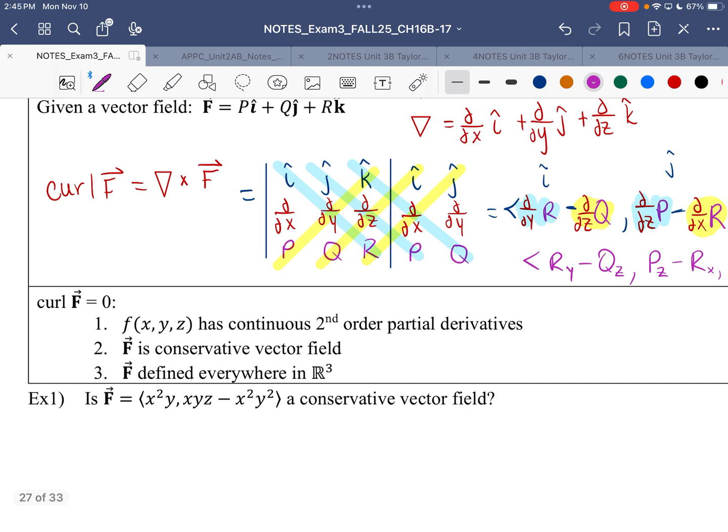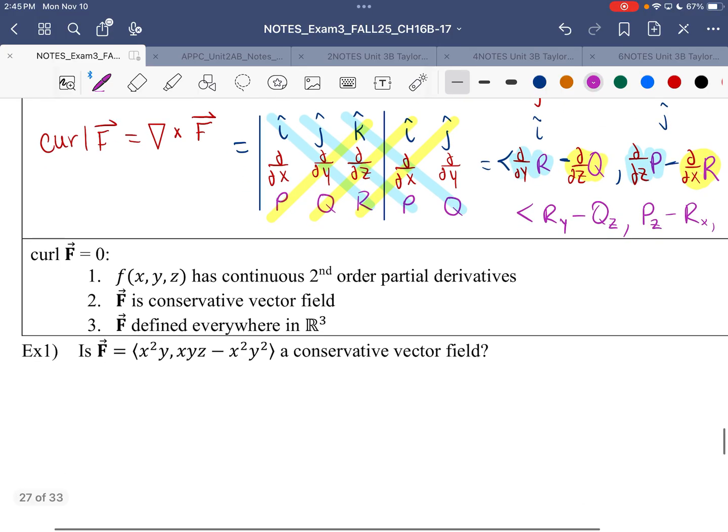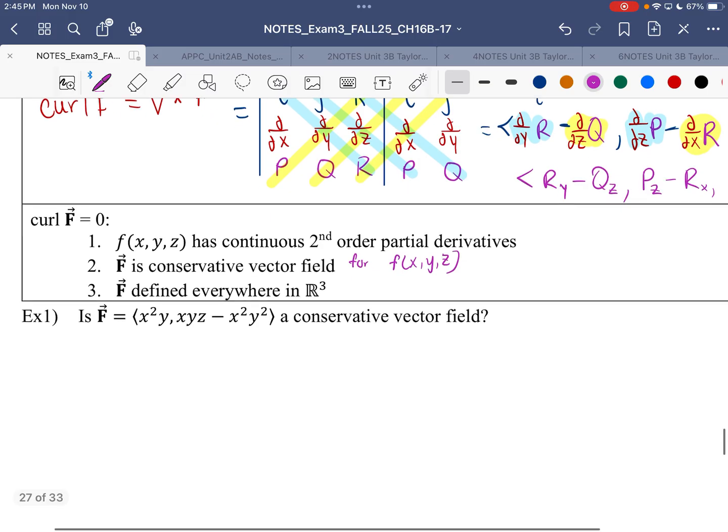Okay, so if the curl is equal to 0, and the function has continuous second order partial derivatives, then the vector field is a conservative vector field for that function that we were talking about before, and the vector field is defined in 3 space.